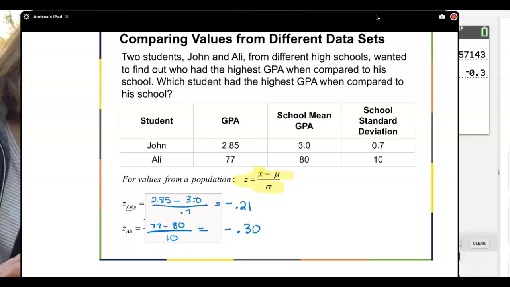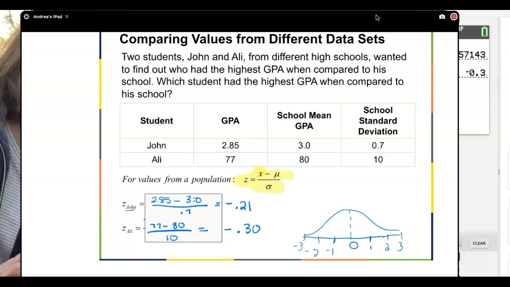Okay, so the question now is, what is this telling us? If our distribution is symmetrical, which I'm going to assume it is here, then the mean is 0 standard deviations away from the mean. One standard deviation would be to the right, 2 standard deviations, 3 standard deviations. If we go to the left, negative 1 standard deviation, negative 2, negative 3. We'll talk about this later.